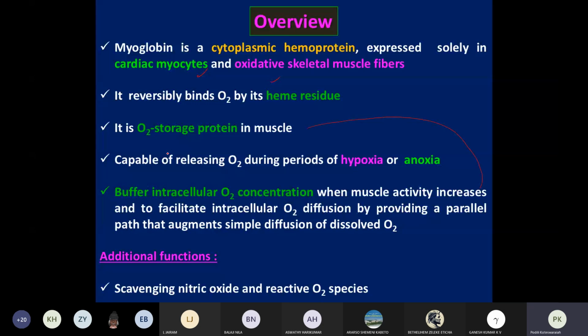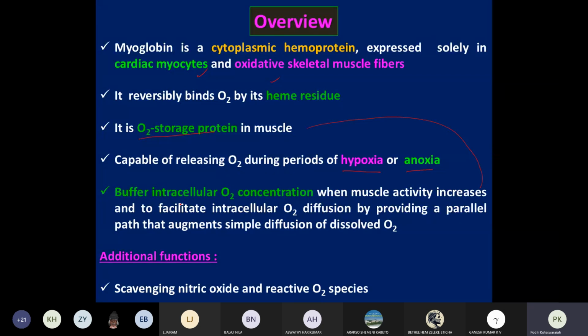Though it is known that myoglobin is an O2 storage protein in the muscle, it also releases oxygen in the muscle during hypoxia or anoxia. When there are low levels of oxygen, the stored oxymyoglobin releases the bound oxygen.